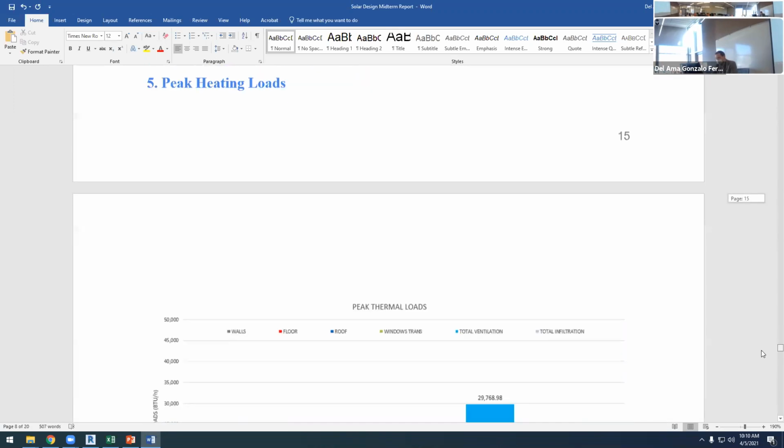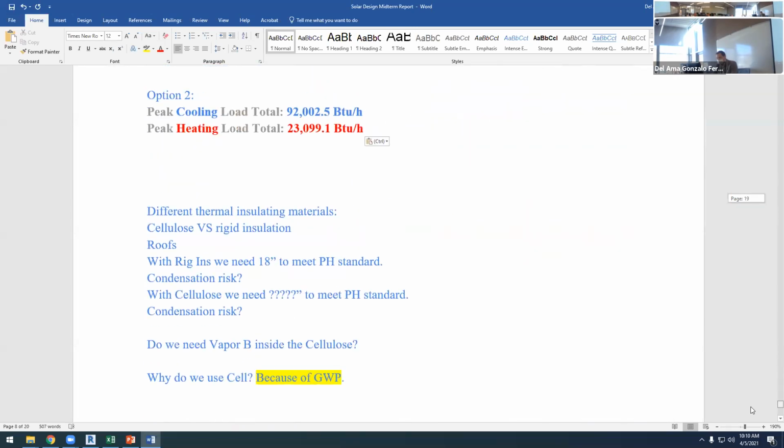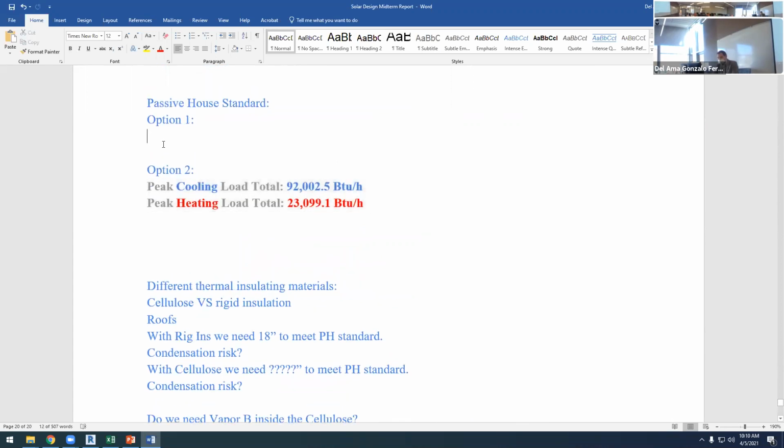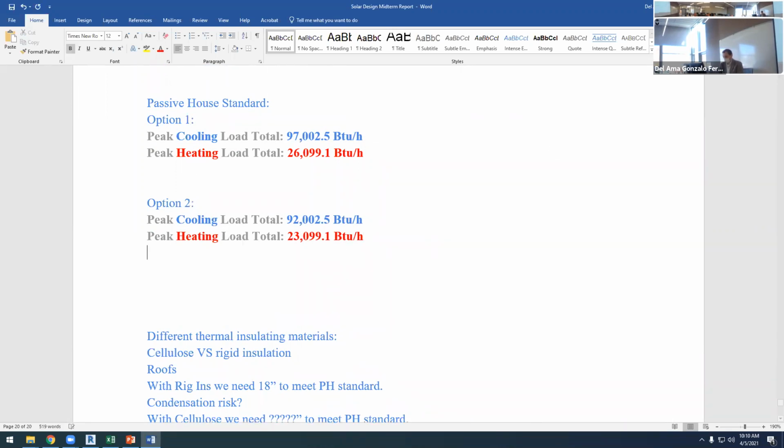Okay, so that was option 2. It's 97 and 26. Okay, this is without passive house standards, and this is with passive house standards.